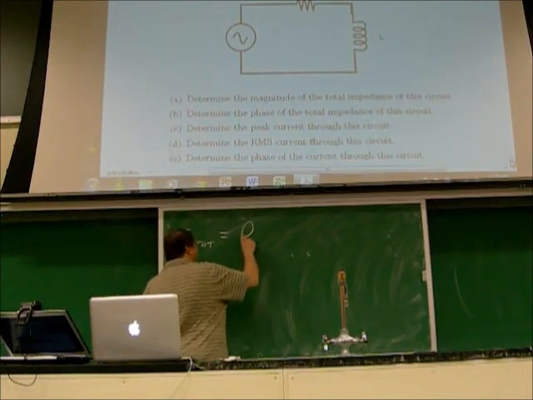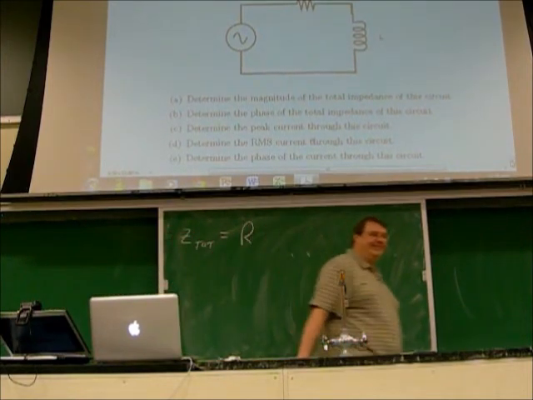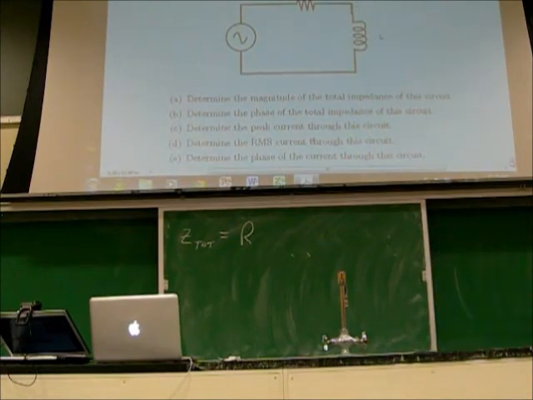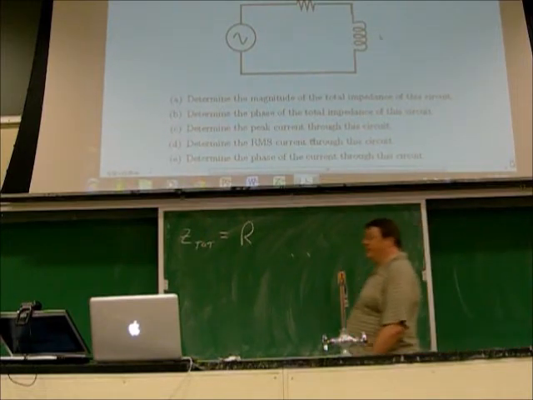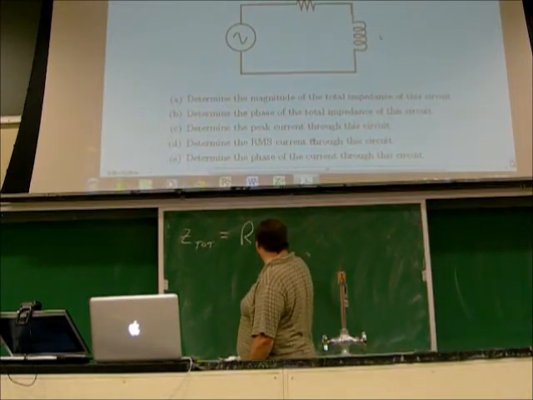R. That's the easy one. R is R, in A plus iB, in Ce^(iφ), R is R. Okay? But the inductor, what is the inductor in A plus iB format?